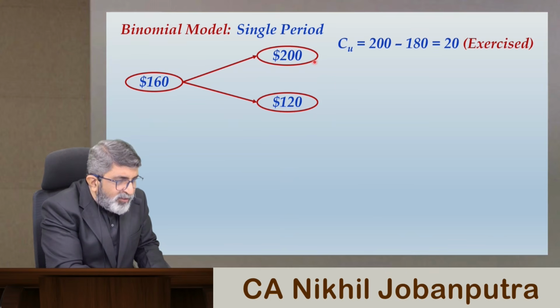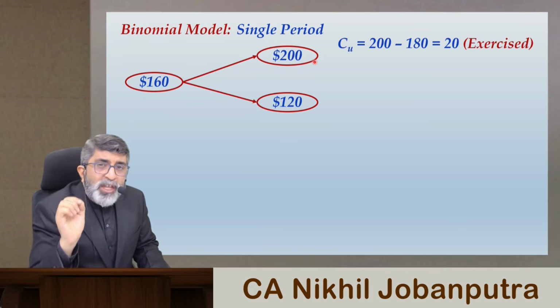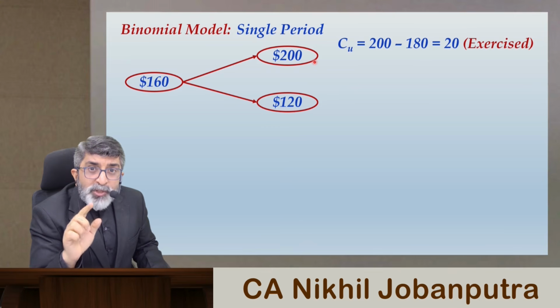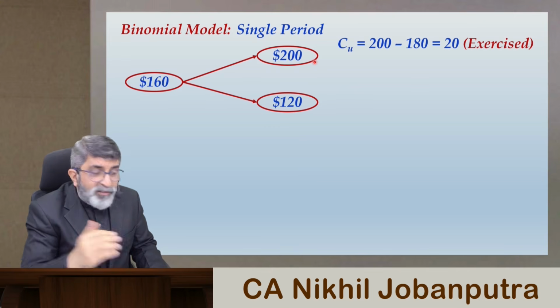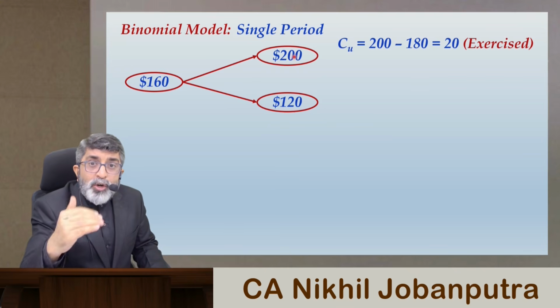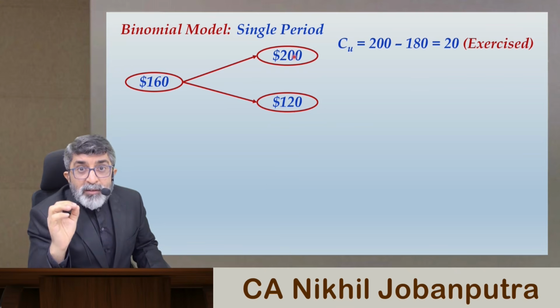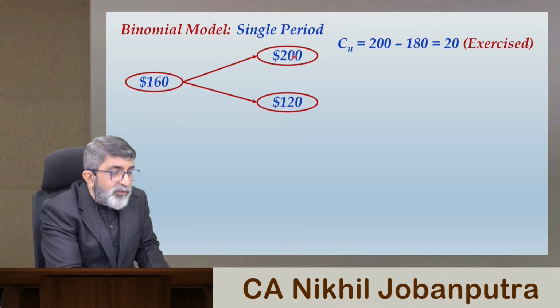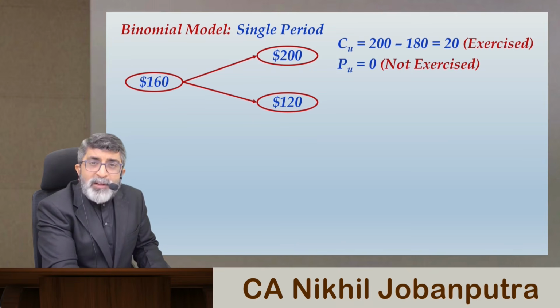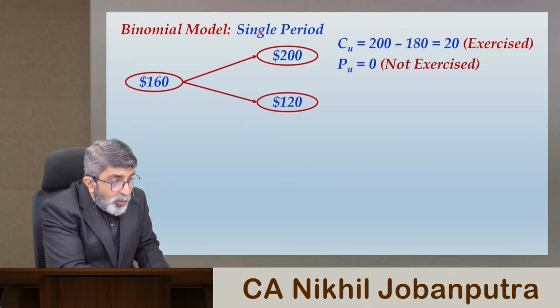What happens at this node when you are talking about the put? A put option is exercisable only when the market price is less than the strike price. Here the market price has gone above the strike price. So the put option will not be exercised, and when an option is not exercised, its value will be 0. So at this particular node the value of the call is $20 and the value of the put is 0. What happens at a price of $120?